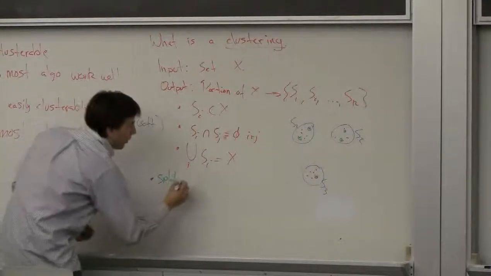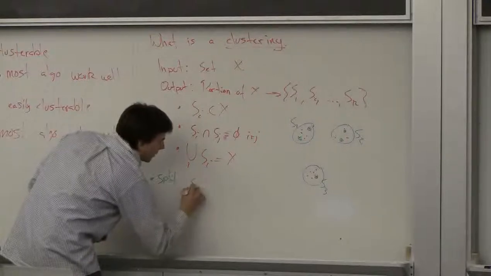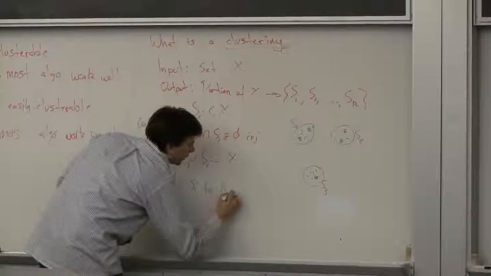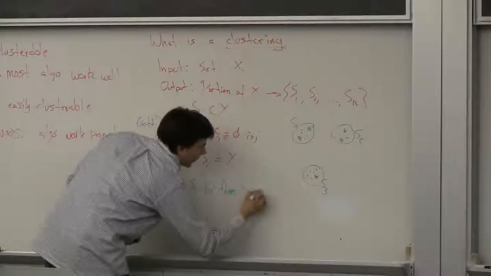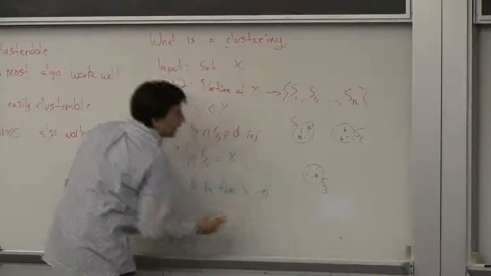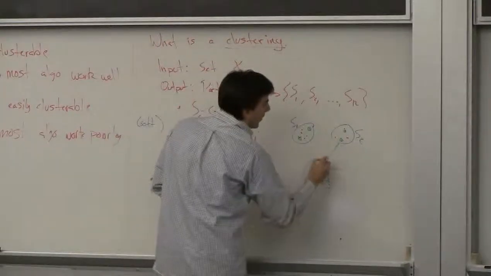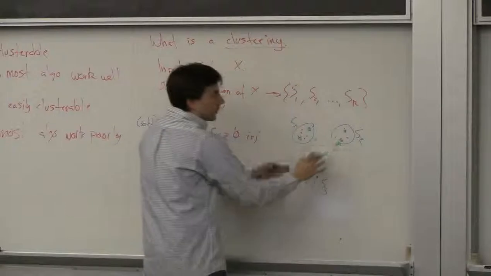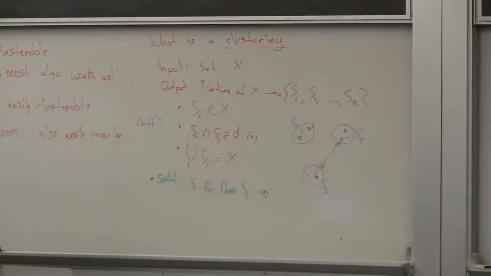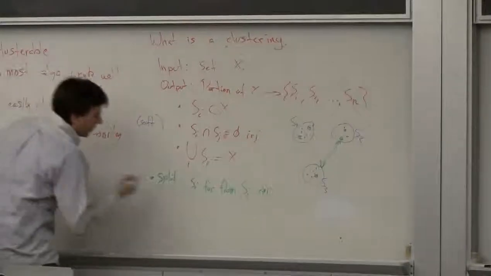So you want Si to be far from Sj for i not equal to j. This split is the idea that these clusters are somehow far away from each other.